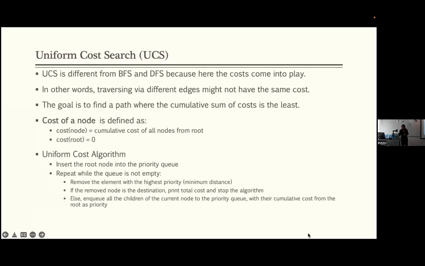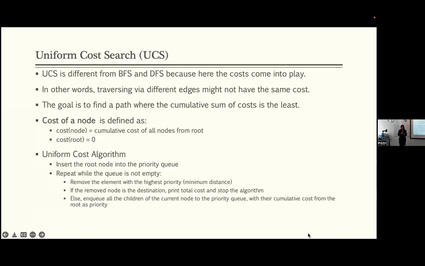So yes, the next one is uniform cost search. This is actually very much different from breadth first search and depth first search. The major addition in this algorithm is the additional information: we have the cumulative sum of cost.